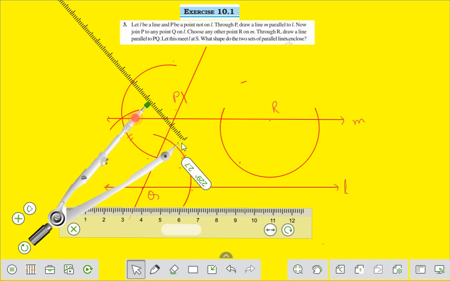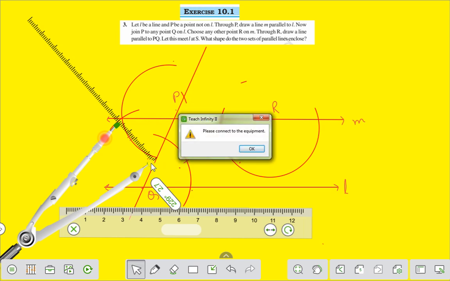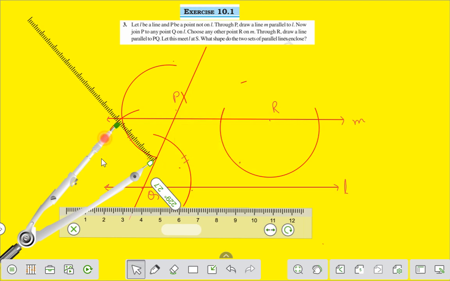Take the measurement here with this length of arc. Here you see, you take this point.